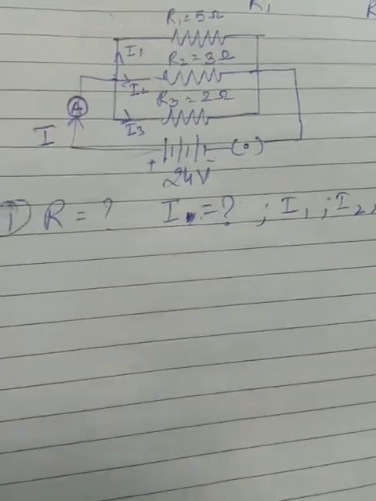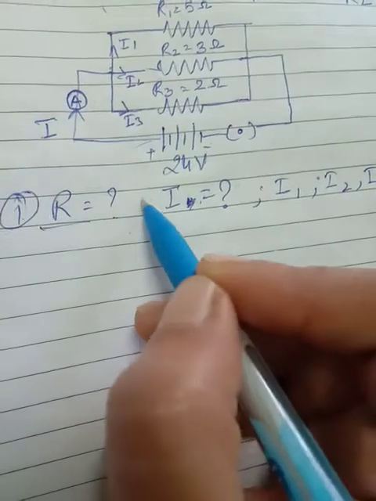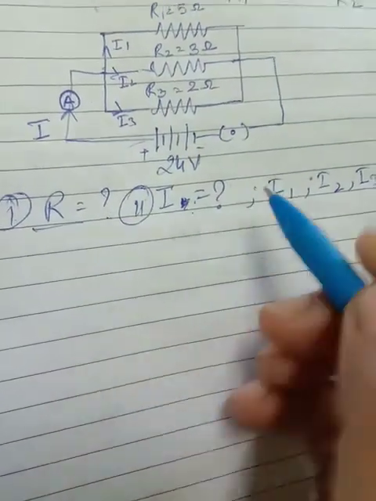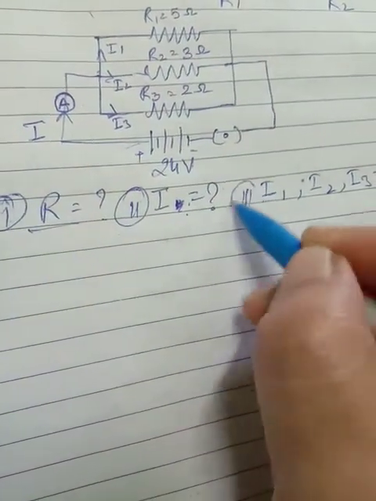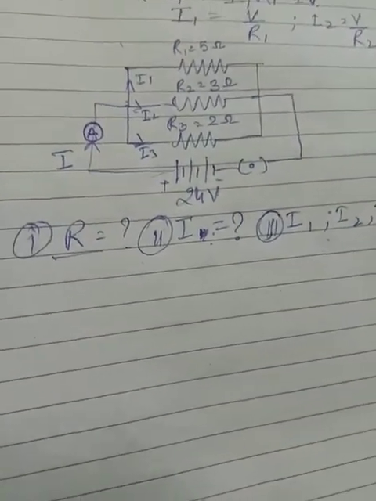So the first part is the net resistance, the second part is to find the total I, and in the third part we have to find the current through the various arms.